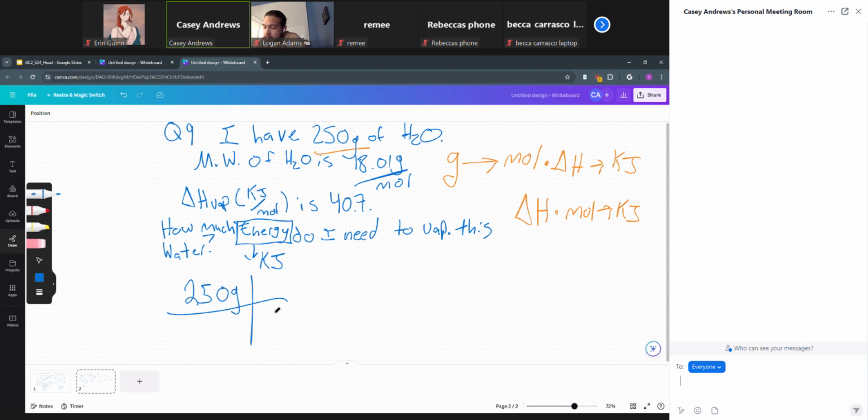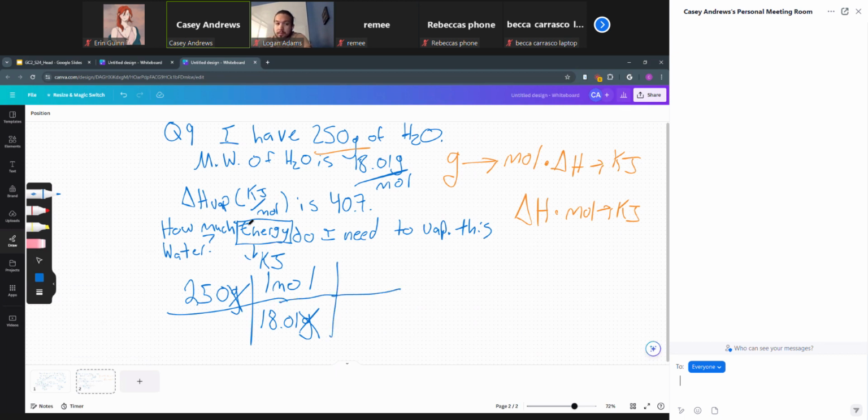So in these train tracks, the way it works is that if there's any unit on the top and bottom of these tracks, they cancel out. And so what I'm doing is taking my weight and dividing by my molecular weight, just in a way to keep it organized for myself. When you take your weight divided by your molecular weight, your unit is now moles.